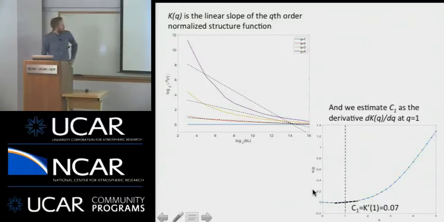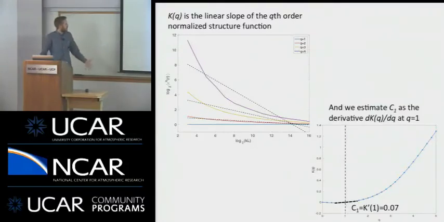So on the bottom right panel, and I know the numbers are small, but it doesn't really matter what the actual values are, we can see how this family of exponents Kq briefly goes less than 0 for q between 0 and 1, and then increases very quickly at higher orders. And we're just estimating C1 as the local derivative at q equals 1, and here we get a value of 0.07.